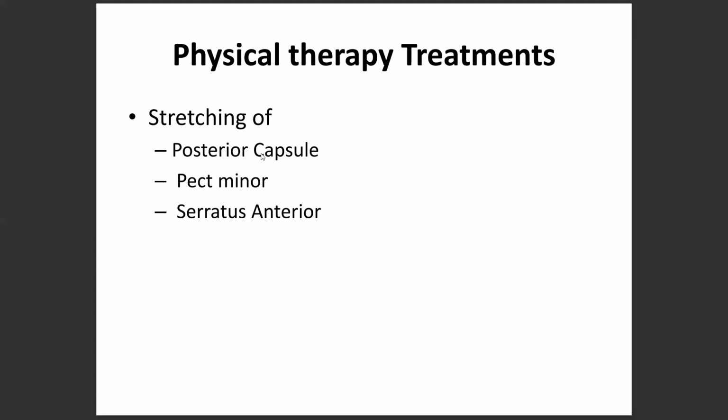Two stretching techniques are very effective, specifically the sleeper stretch, which is one of the most effective stretching techniques for that posterior capsule. Besides the sleeper stretch, the across-the-body stretch is also a technique for releasing the tightness in the posterior capsule.